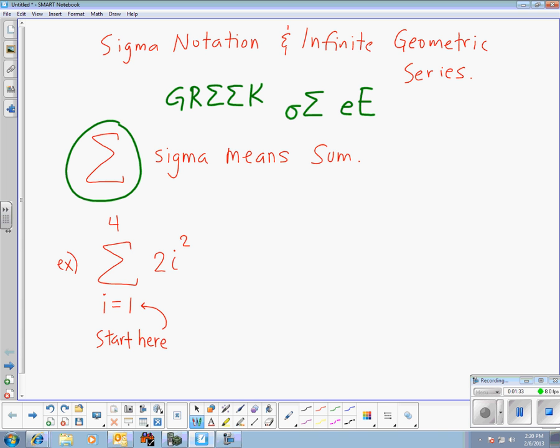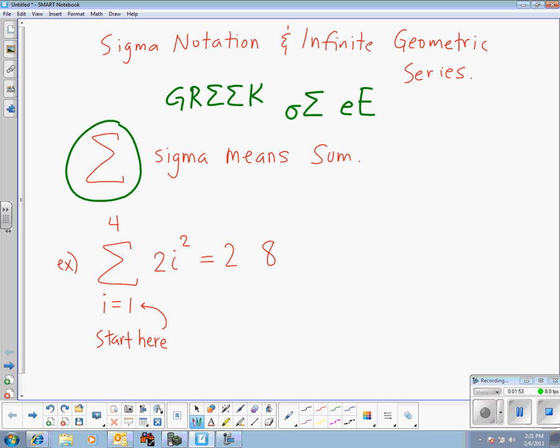Okay, so when I plug 1 in, I get 2 times 1 squared, which is 2. Now, after you use 1, you plug in 2, and then you plug in 3, and you keep plugging in all of your whole numbers until you get to the top. So when I plug in 2, I get 2 times 2 squared. 2 squared is 4, 2 of those is 8.